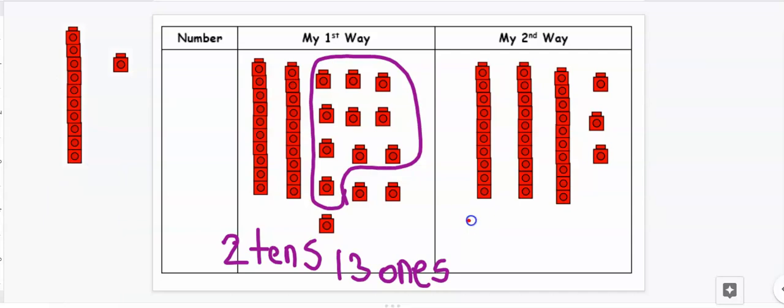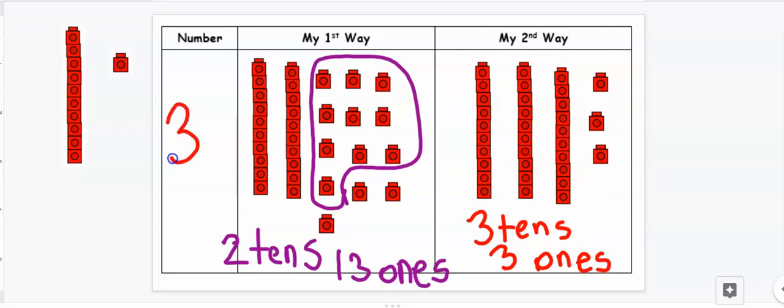And this one has 3 10s and 3 1s. And the number, I'm going to write it over here, is 33.